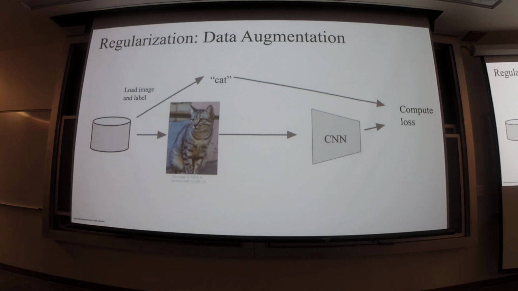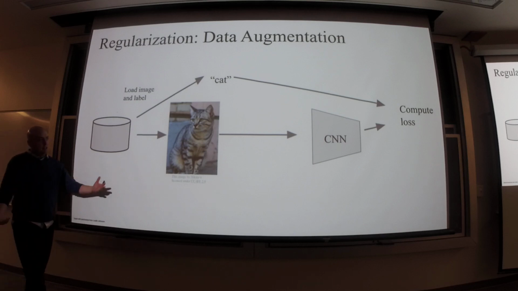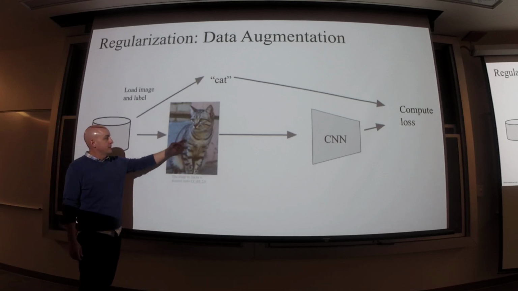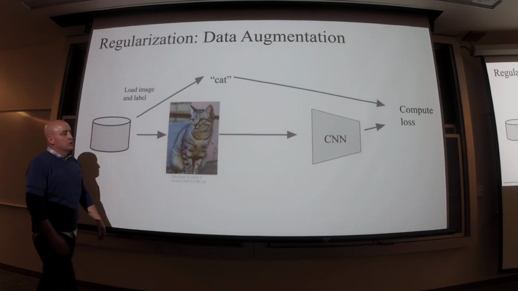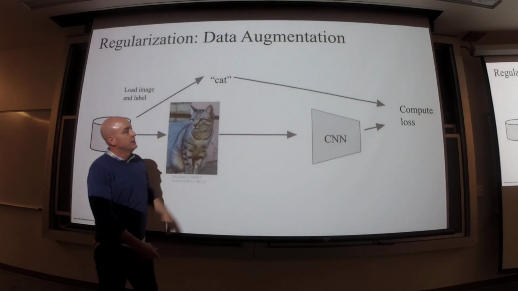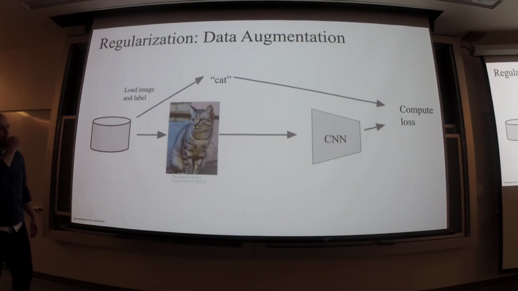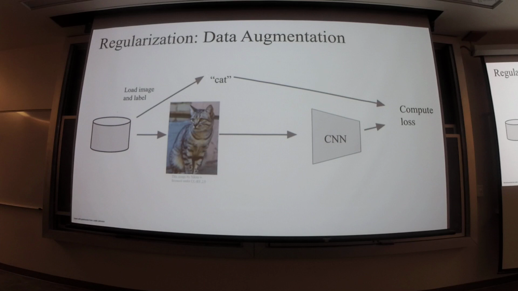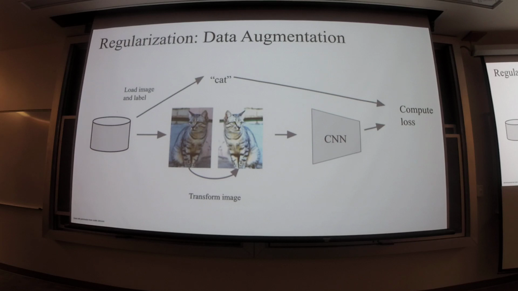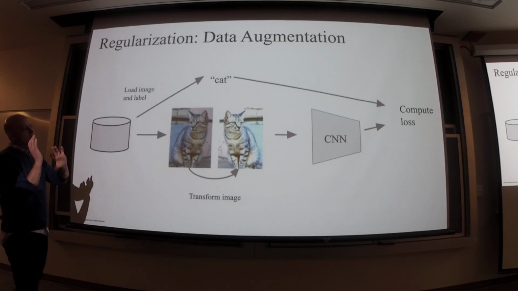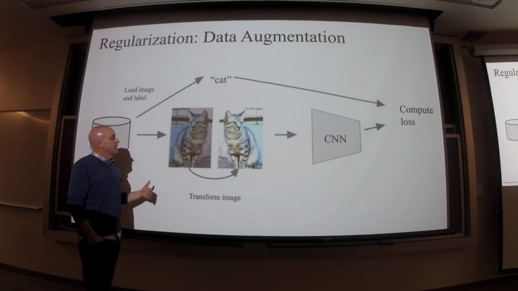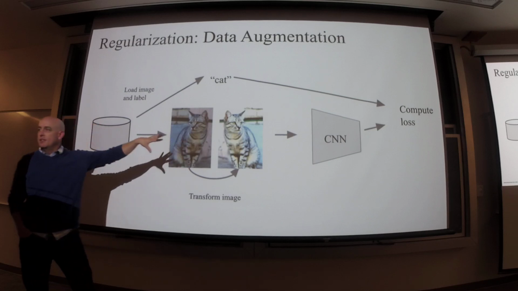The way this works is, in these supervised classification problems, you're given an image and its label. You pass the image through the convolutional neural network, you compare its prediction to the label, and then you backprop that and change your weights, and hopefully you're learning. So one way to really make the convolutional neural network better and generalize better is to take your image and make a whole bunch of derivative images from it.